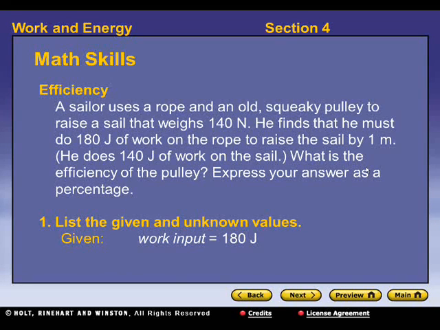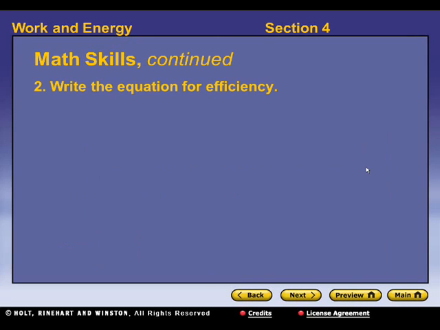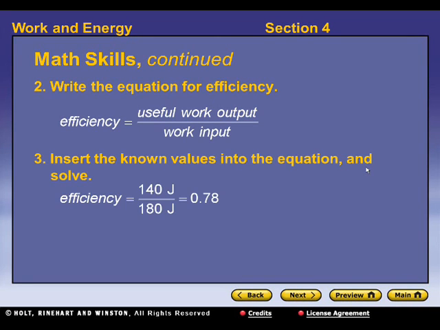So let's do the given and unknown values here. The work input that the sailor did was 180 joules he put into it. But what he got out was that the pulley raised the 140 newton sail by 1 meter. So the useful work out is 140 joules. So we need to find what the efficiency is.